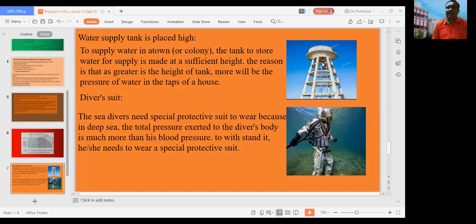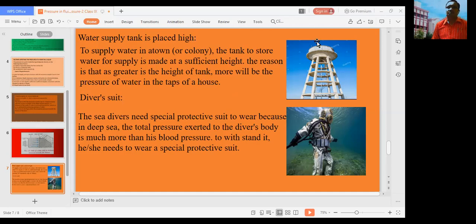When they release the water, these tanks are higher than normal buildings, so the water travels with pressure and rises to a certain height in the houses, and even flows from the taps with certain pressure. Why? Because of the height.